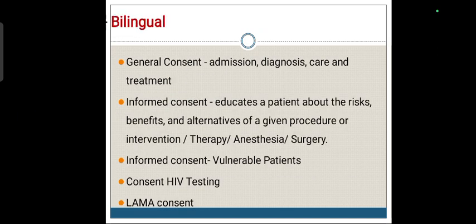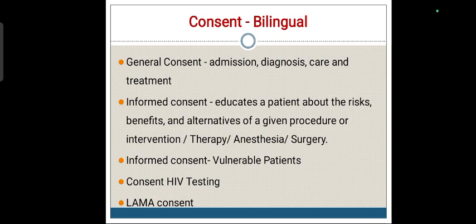So coming to first one, that is consent, it should be bilingual, especially in local language that a person or the patient can understand. So in consent, there are different types of consent like general consent, which should be taken on admission for diagnosis, care, and treatment.